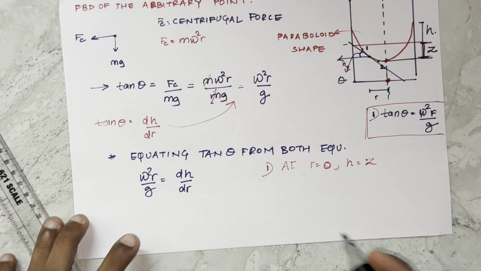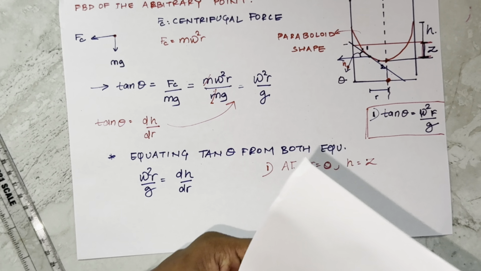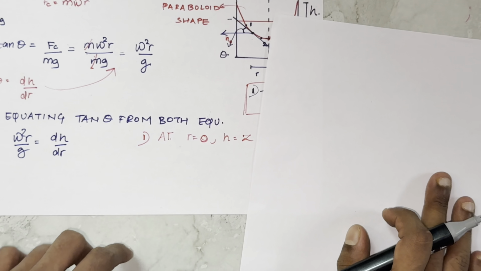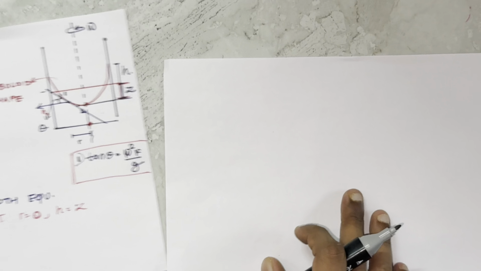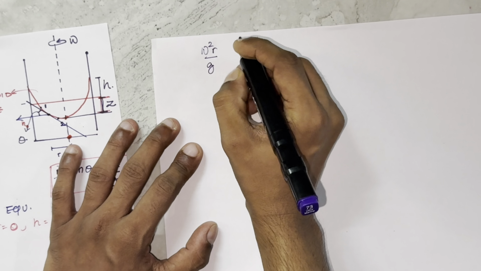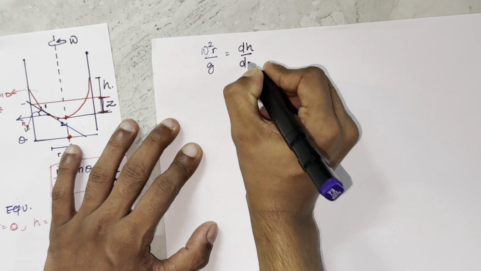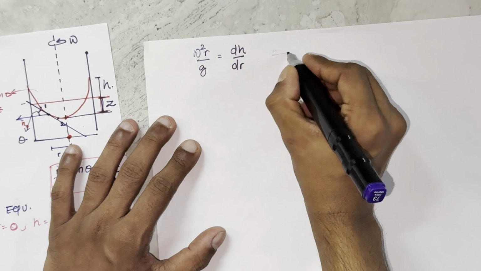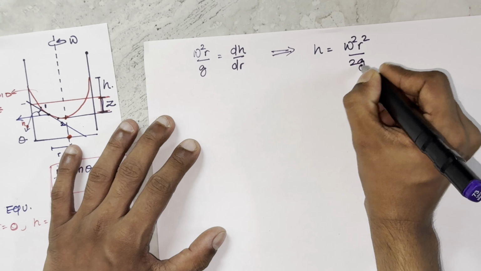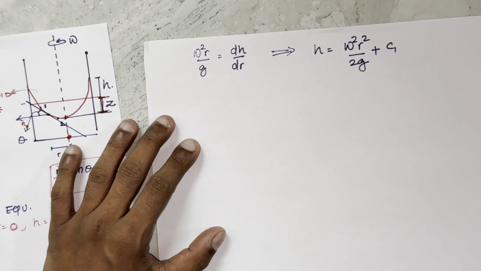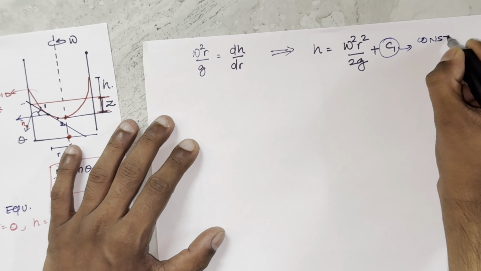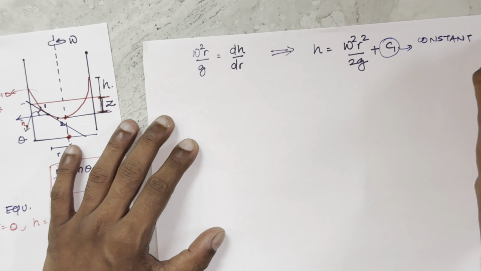Integrating this equation, I take a new page for convenience. At last we had this equation: omega square r by g is equal to dh by dr. If we integrate this, we get h is equal to omega square r square by 2g plus c1, where c1 is the constant of integration.